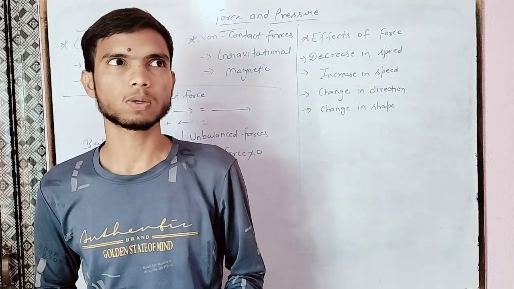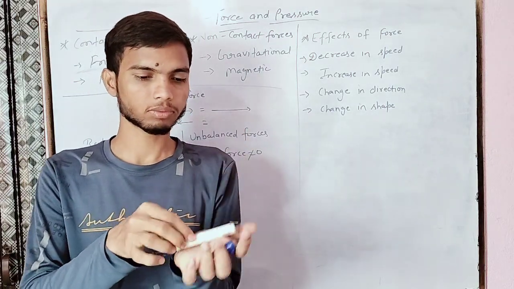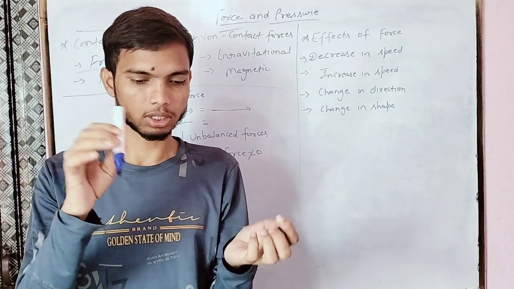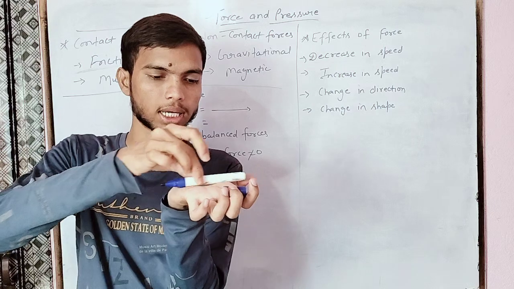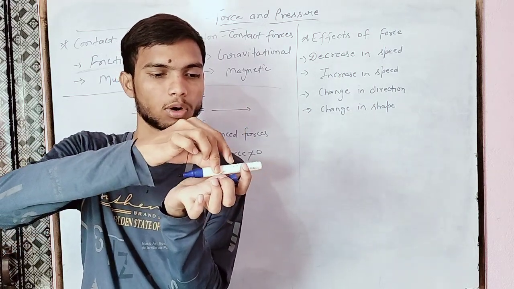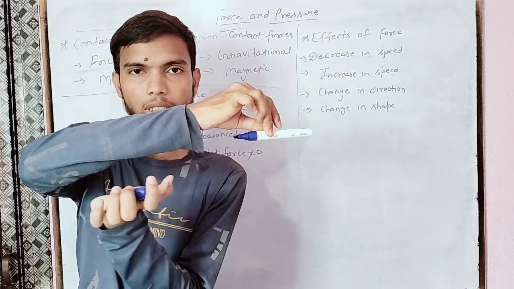This is friction. As you can see, this is an object. I will move this like this. Here this object is going in this direction, but this hand is going in this direction.